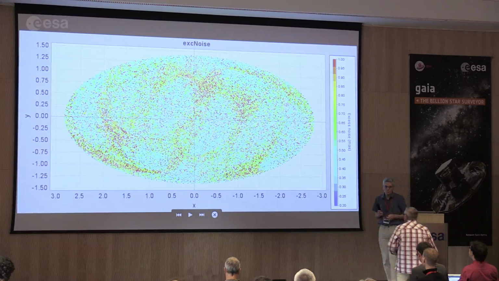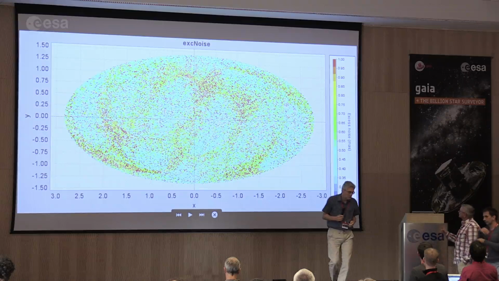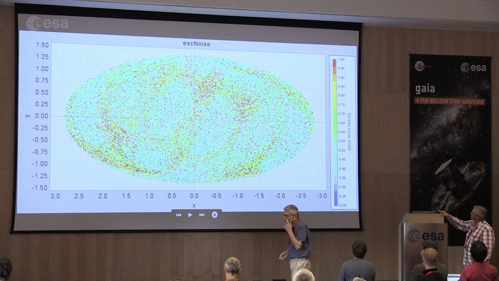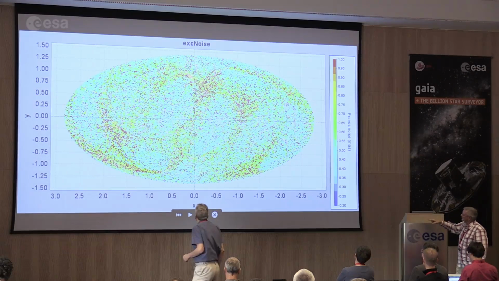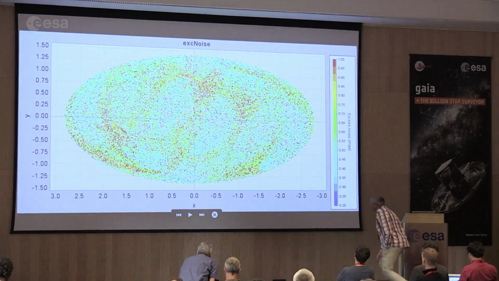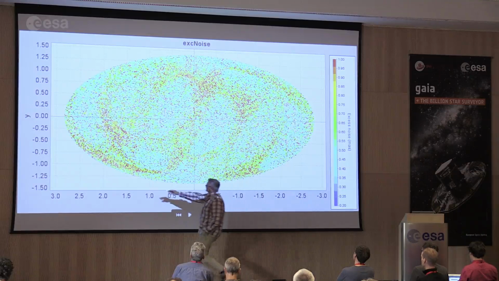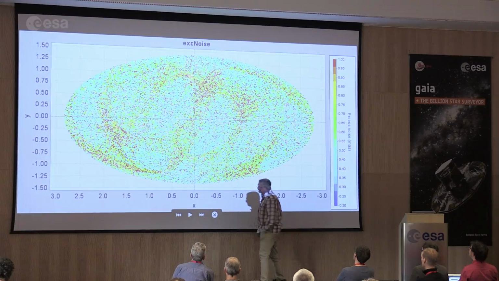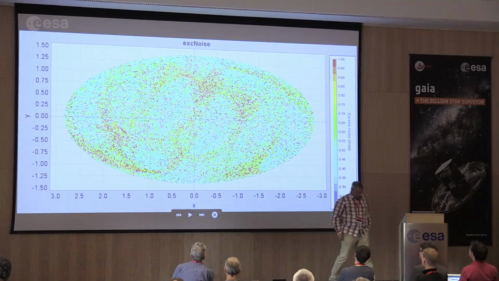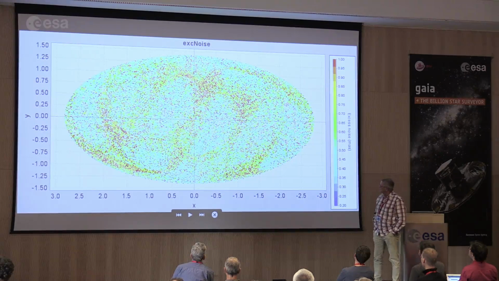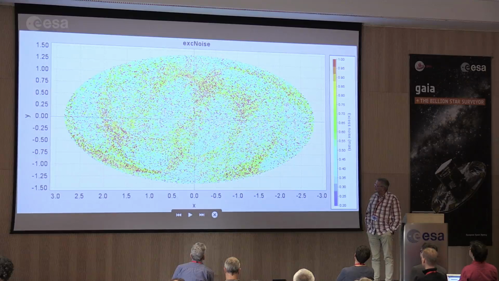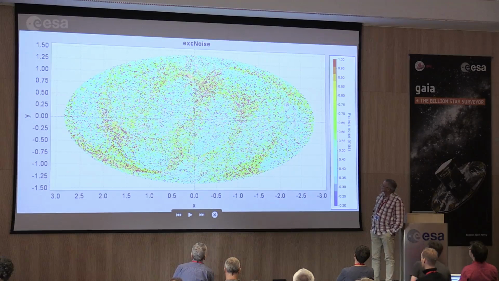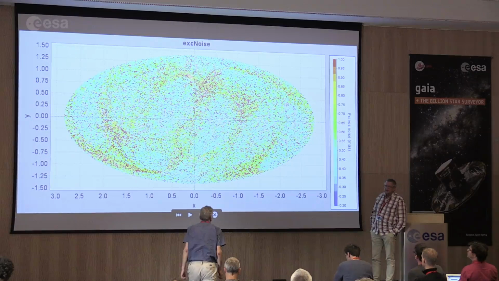Yeah, I don't have an explanation for this. We have seen in many situations that the ecliptic pole scanning, which you see clearly outlined here, this part that goes up there and then out on the other side, is very problematic, and that has larger excess noise generally, and I don't know exactly why.